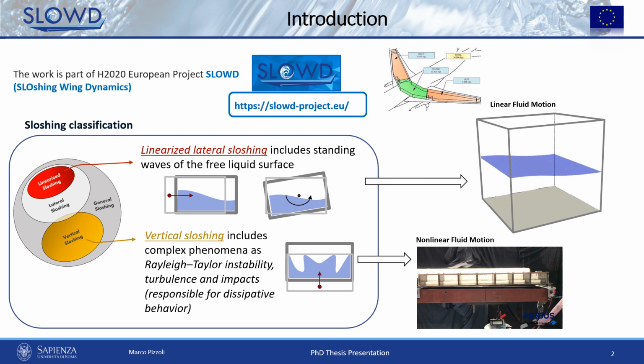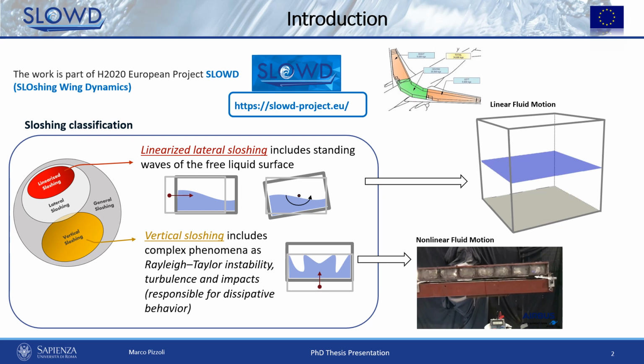And in this video, we can see an example of mainly vertical sloshing, which also has a slightly rotational component. Such dynamics include complex nonlinear phenomena such as Rayleigh-Taylor instabilities, turbulence, and impacts. And the latter are responsible for the dissipation induced in the system, which affects the overall damping of the whole structure.